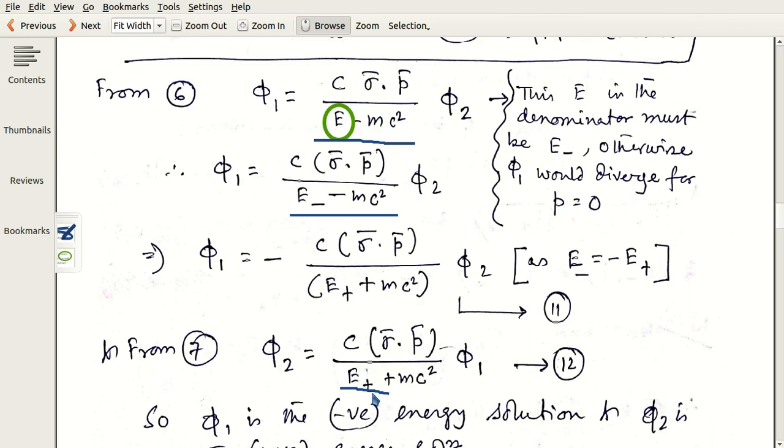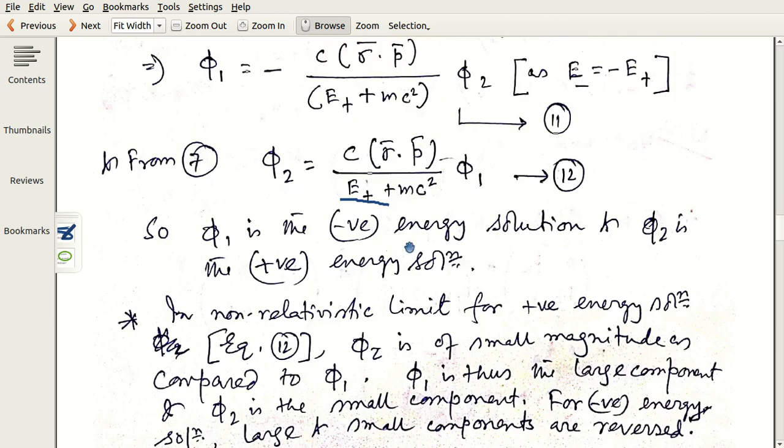So you must use E plus in the denominator in case of phi 2 and E minus in the denominator in case of phi 1. We have just done a mathematical operation in case of E minus and imported a negative sign so that we can use E plus in both the cases.